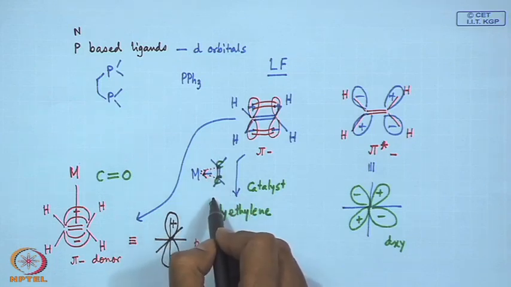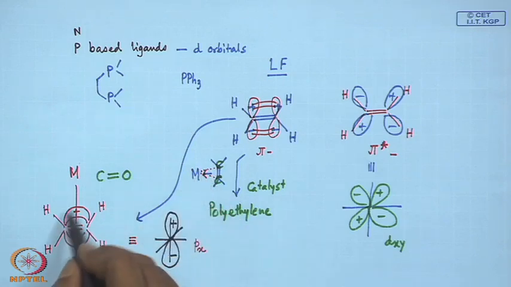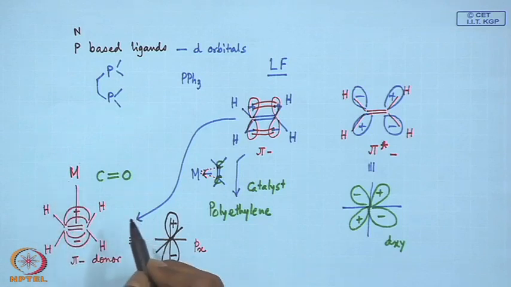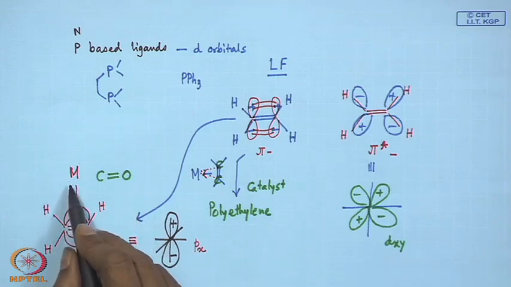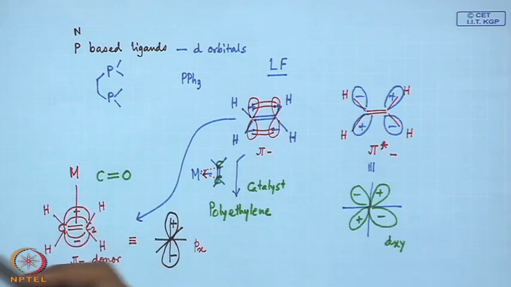So, in perpendicular orientation the ethylene molecule is bonded to the metal side. That is why the pi electron density between the carbon-carbon axis is being utilized for donation to the metal center. We do not have any direct bonding to either of the carbons, C1 or C2, with the metal center.